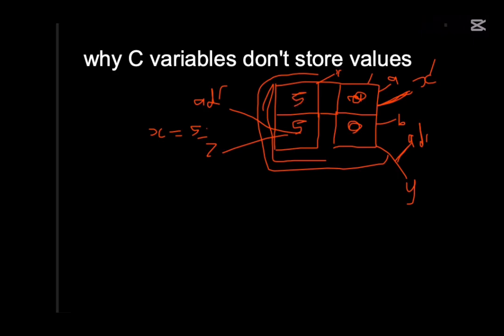This x is going to have an address, so that any time you need to retrieve this value, the computer uses this address to know where the 5 is actually stored. That's how variables work in the C programming language.